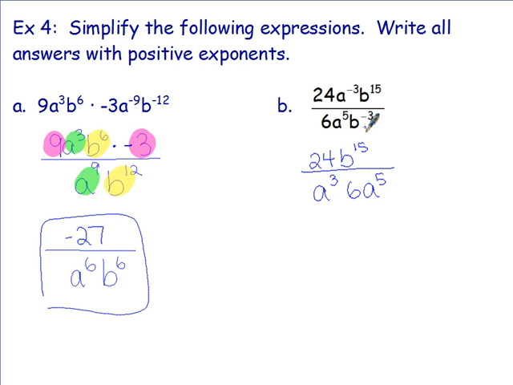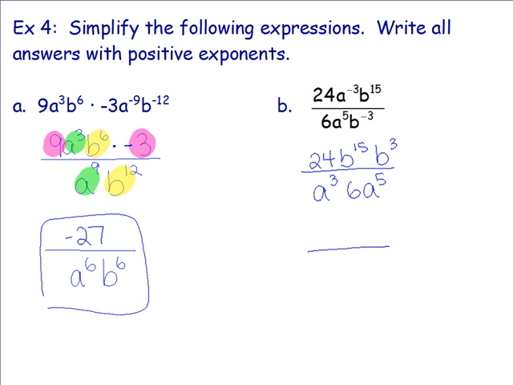Is this B happy? No, so he needs to move from the bottom to the top to become happy. So B is now on the top, and that's a happy 3. So everybody's happy now. The last piece of the puzzle, combine like terms.